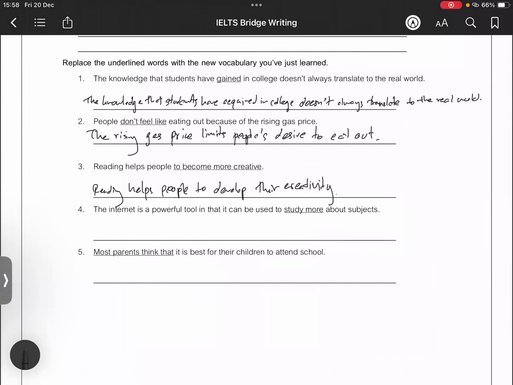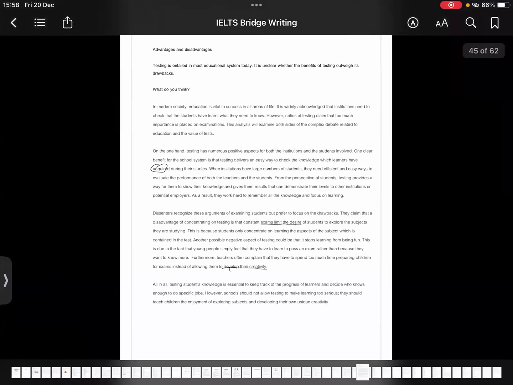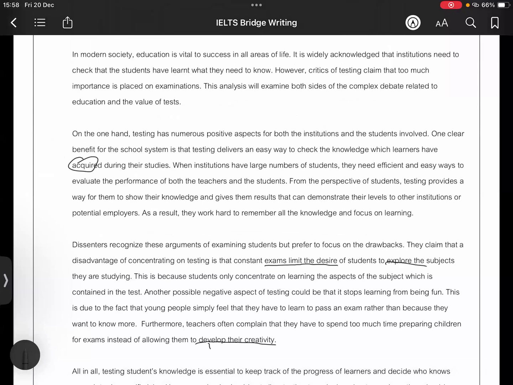Next, the internet is a powerful tool in that it can be used to study more about subjects. The internet is a powerful tool. Well, study more. I think the word is explore, which is right here. Okay, explore.